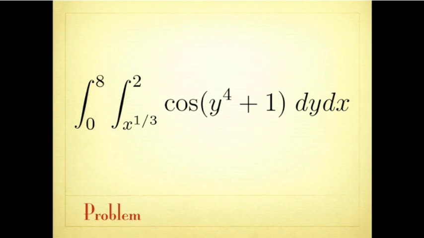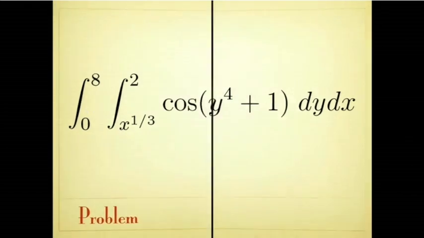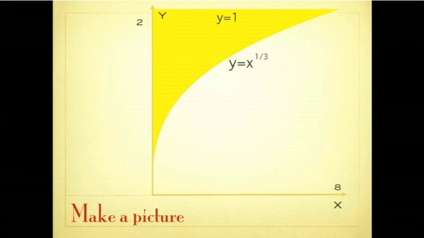Because once you solve the inner integral, which is no problem, so this is actually dx here, you get the integral from 0 to 2 of y cubed cosine of y to the 4 plus 1 dy, which can be solved by substitution.